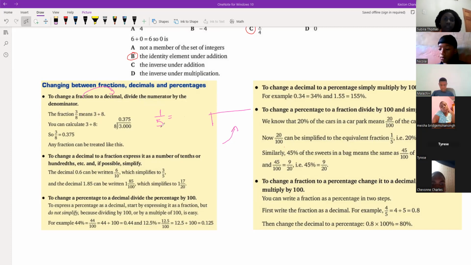The 1 or the 5? Look at the question here with the 3 over 8. Which one went inside? The 3 or the 8? Anybody? Markai, which one went inside of the division, under the division sign?